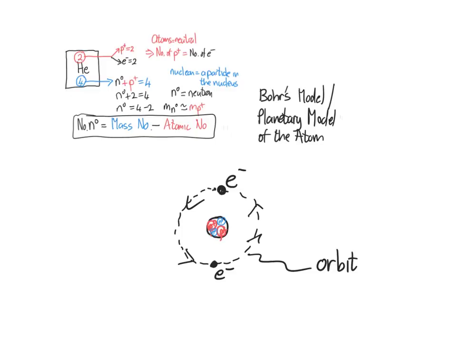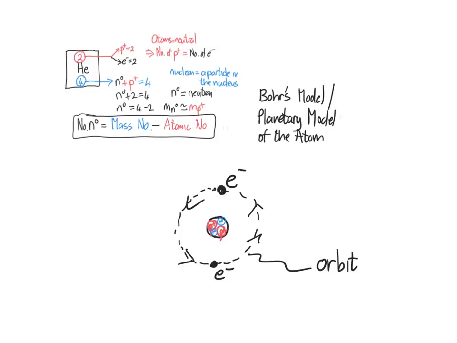Now, this is a gross oversimplification of the reality of what happens in an atom. And as you can see, the electron is negative and the protons are positive, and unlike charge attracts. So in order for these electrons not to be attracted inwards, they need to be moving at a very, very high speed around the nucleus.